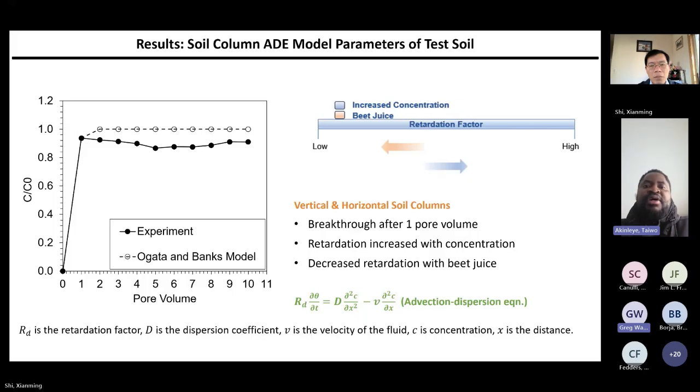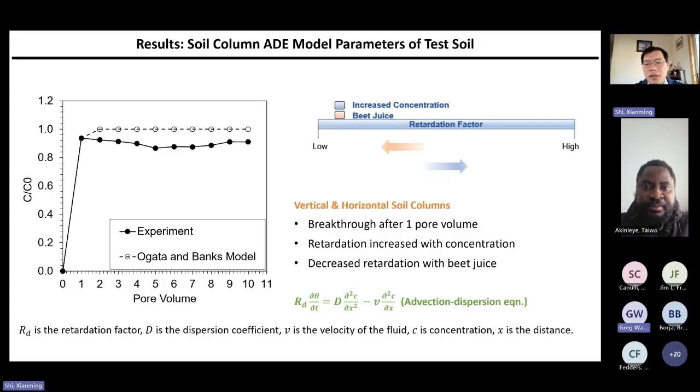So if you have a very high RD value, it means there's clear adsorption and desorption going on within the soil matrix. And if you have a low RD value, it means there's little or no interaction between the soil particle surfaces and the salt solutions, cations and anions.